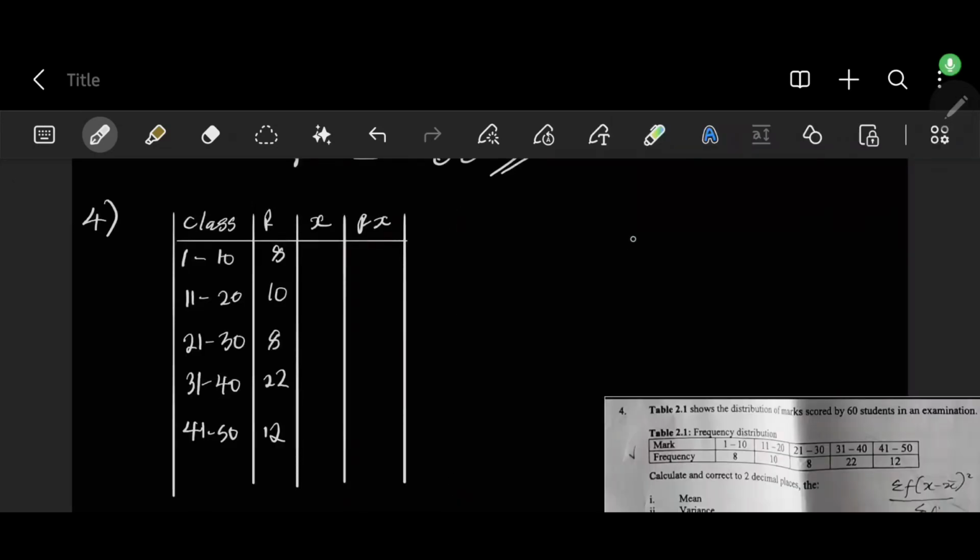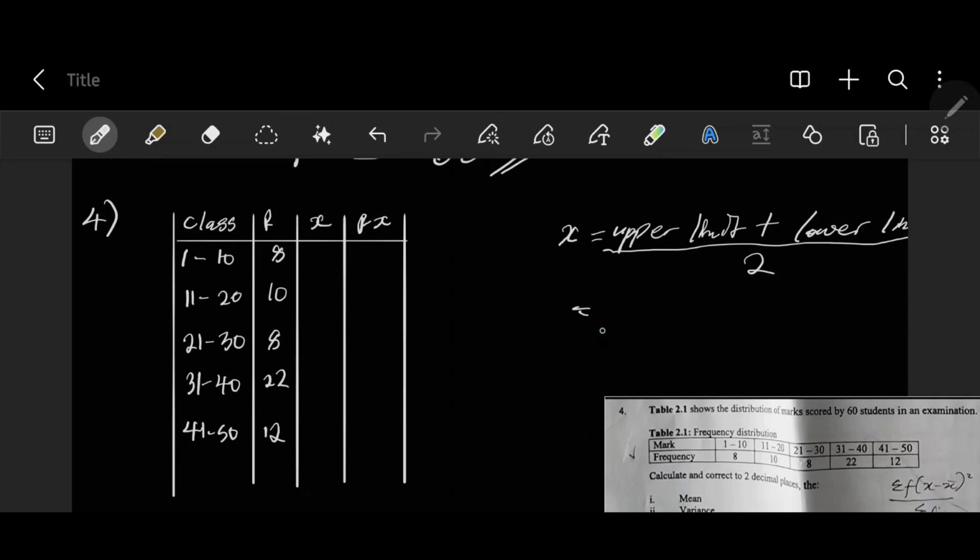You get X then. X is the average, given by the upper limit plus the lower limit, all over 2.